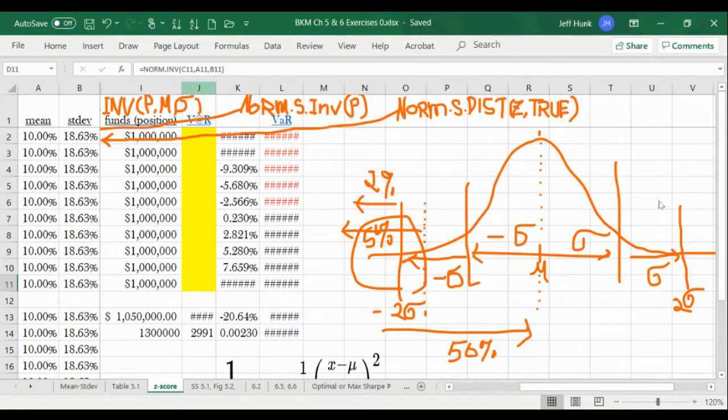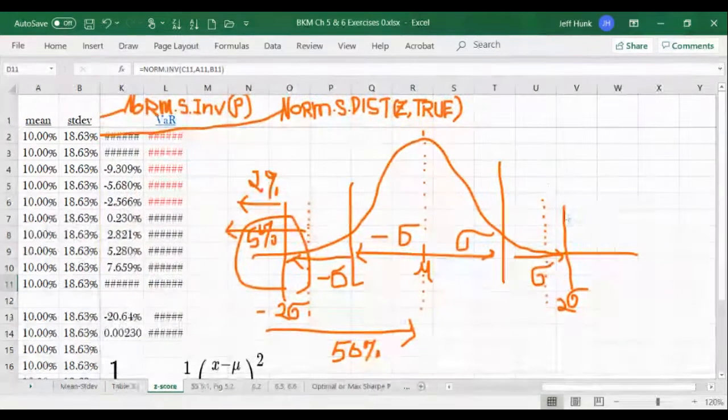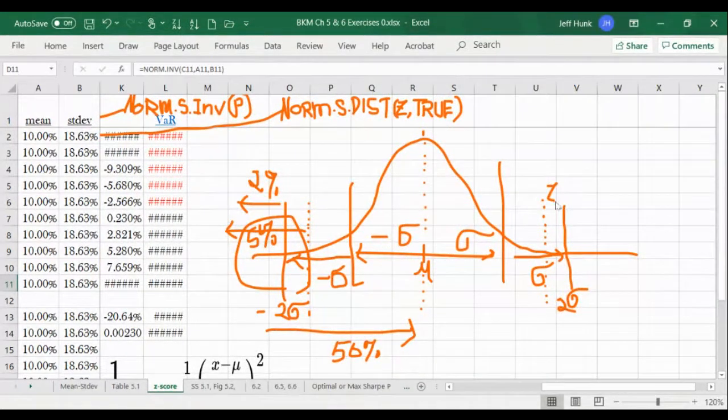If you are looking for the z-score, this is the z-score of the top 5% or 95th percentile, right?